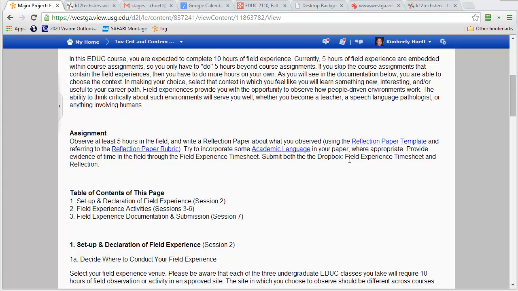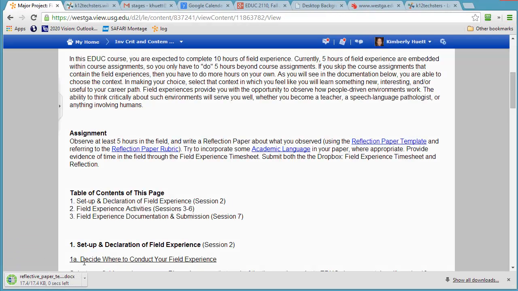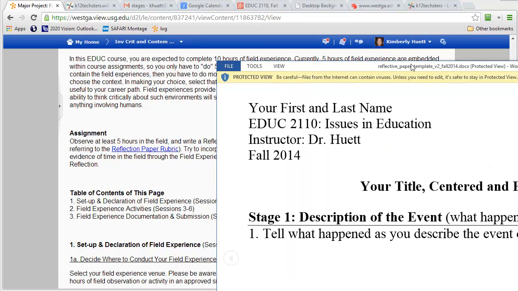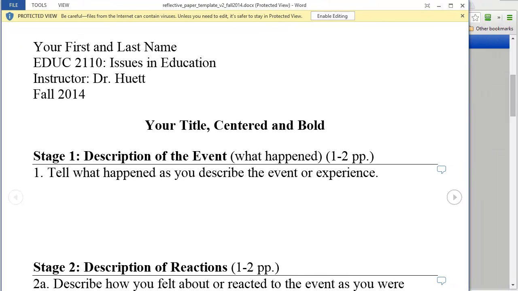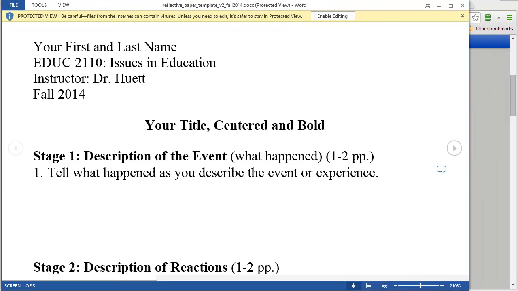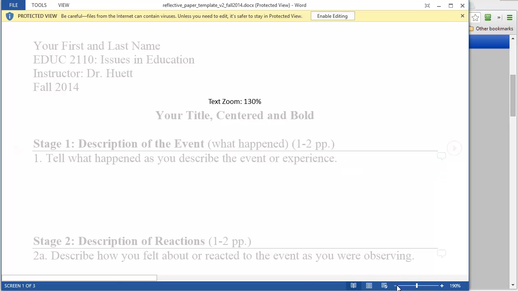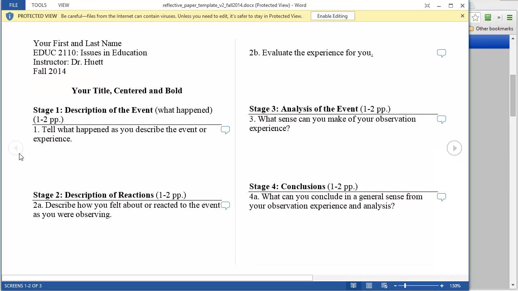In fact, what I recommend, let me go back to the template. Let's look at it. What I recommend is that you actually do the first 2 sections anytime you do an observation. The first thing is to tell what happened, as you describe the event or experience, and then be sure you check out the comment and make sure you're covering what that means.